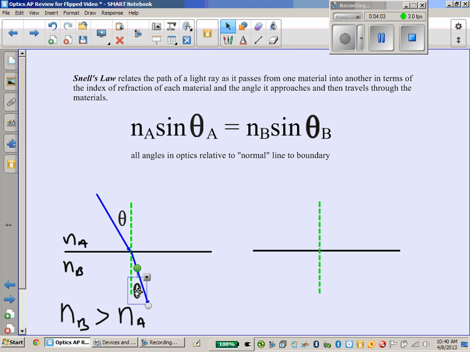So when we go from a low density into a high density, the light bends towards the normal. When I do the opposite situation and go from a high density into a low density, it will actually bend away from the normal. You may recall this from last year doing calculations. The other thing to remember is that you have to make sure your calculator is in degree mode.